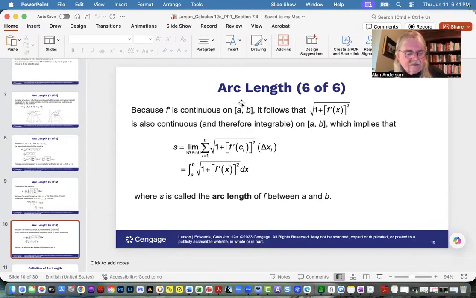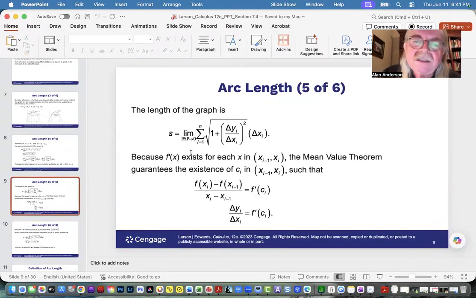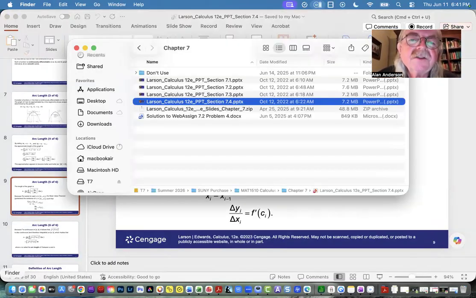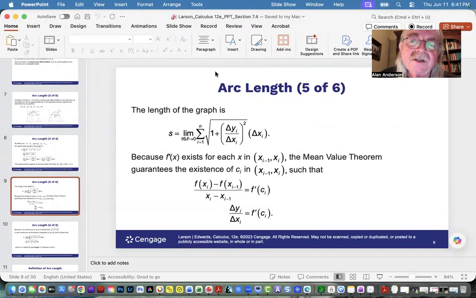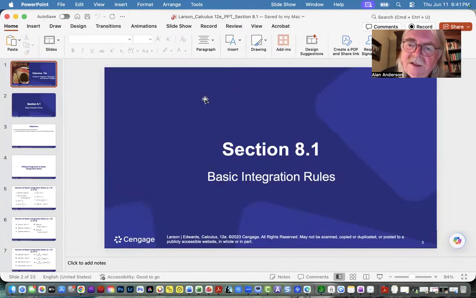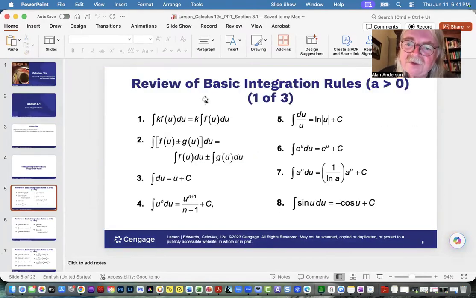Now, all of this is fine as far as it goes, but in chapter 8, what we're going to see is some extremely complicated integration techniques. We've learned the basics so far, and that's great, but there's a lot more for us to go.